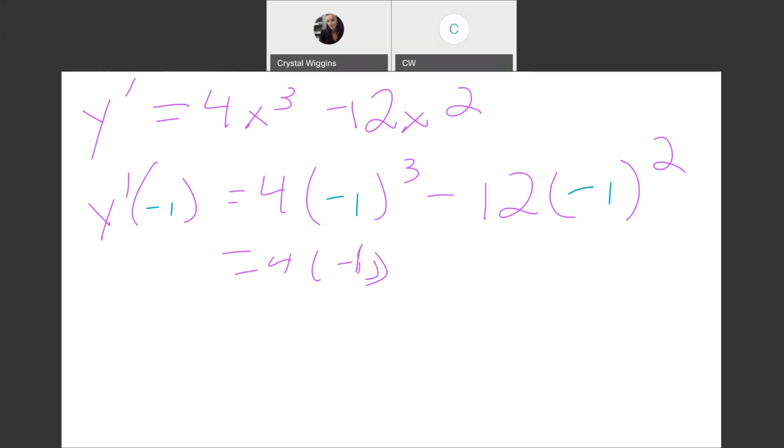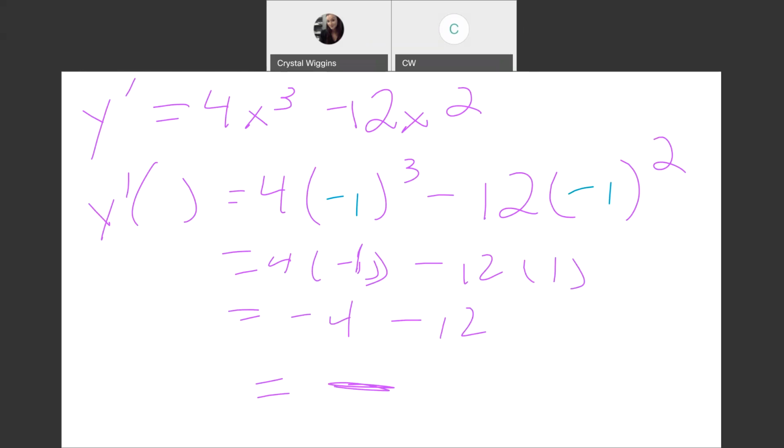That's going to turn positive. So we get a -4 minus 12, which is going to be negative. So to the left of the critical value 0, we have a negative derivative, which indicates that the original function is decreasing to the left of the critical value of 0.